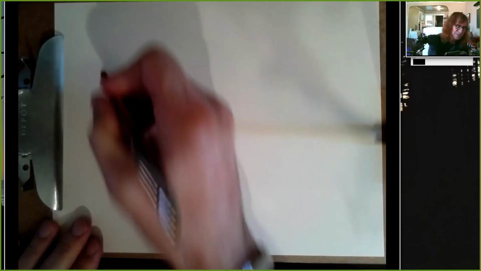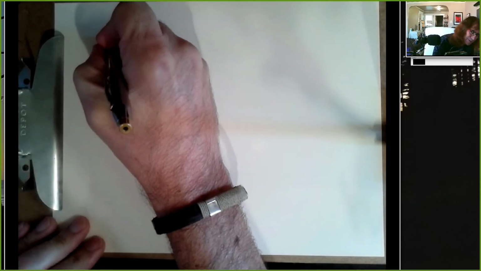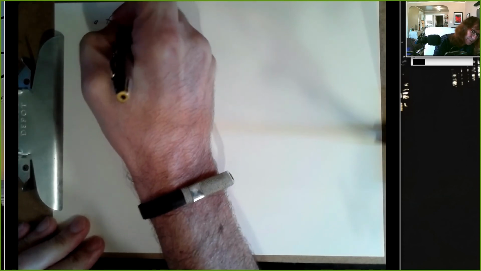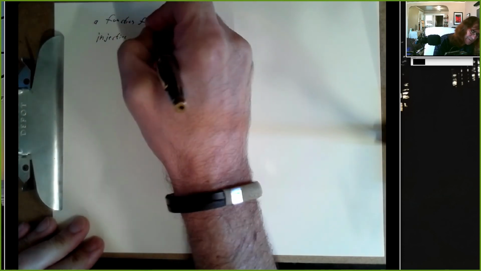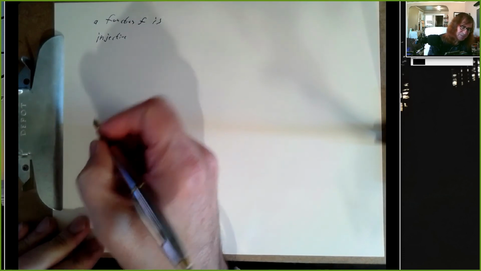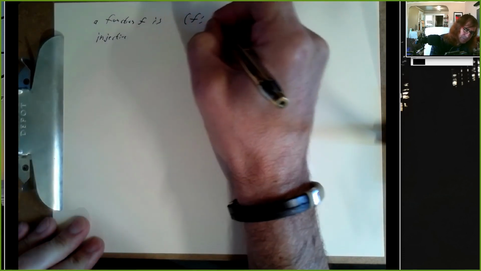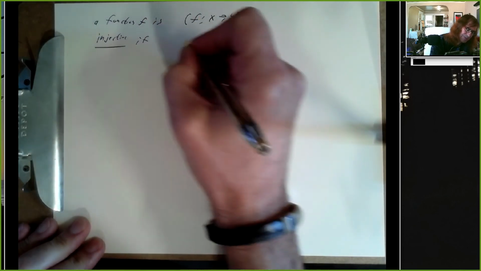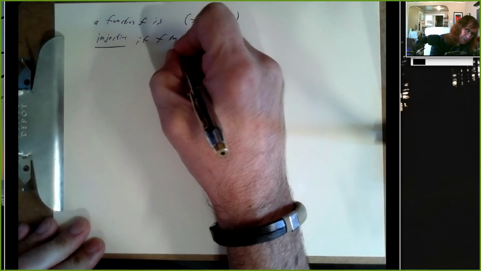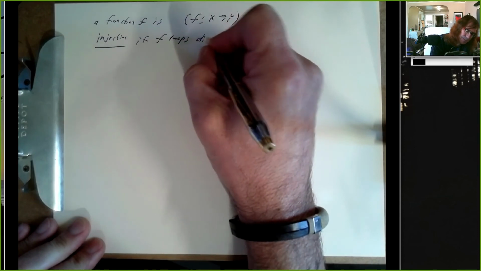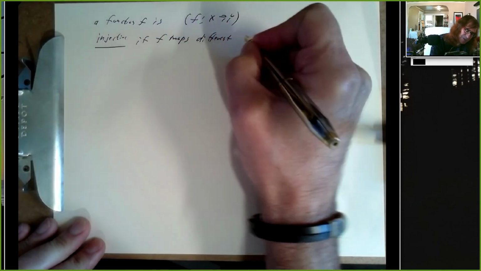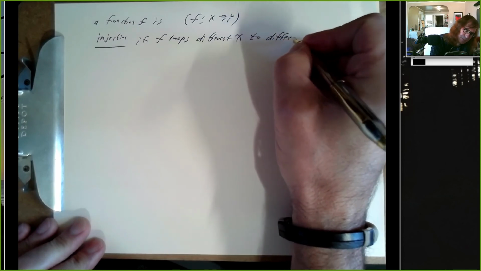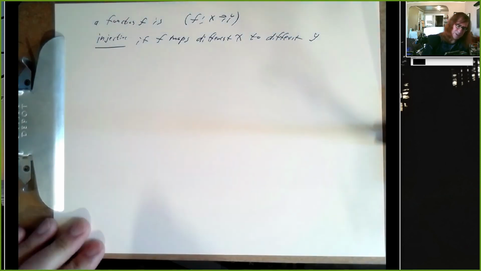Let me give you a bit of a definition here. A function f is injective, let's say f goes from X to Y, if f maps different x's to different y's.